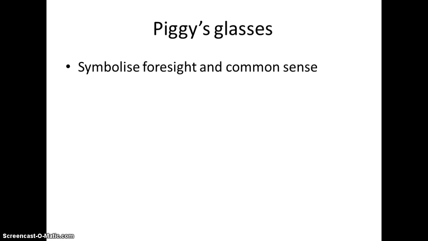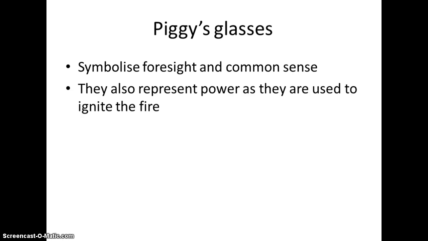Piggy's glasses, they symbolise foresight and common sense. So the idea about being able to see things clearly, and Piggy is able to see the gravity of the situation. He sees the most clearly in the novel. They also represent power.